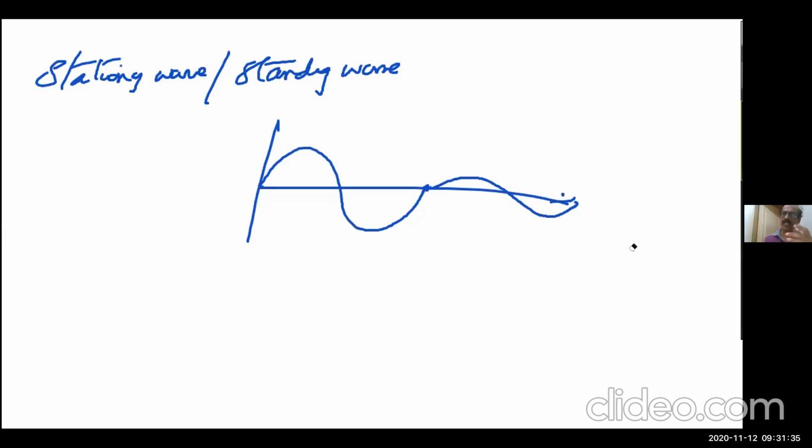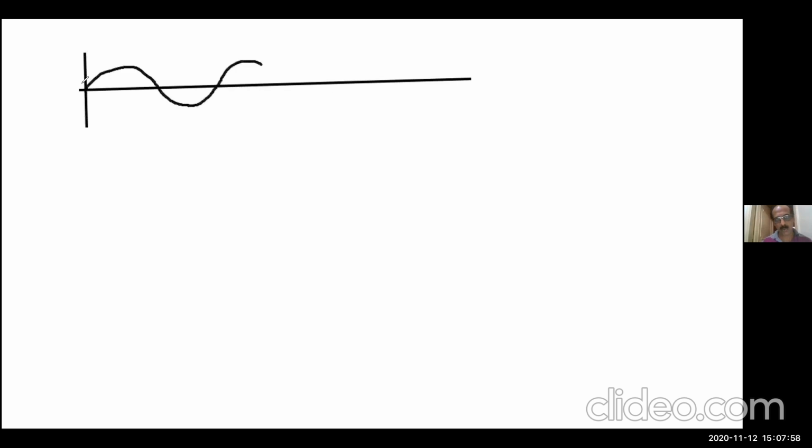In chemistry, you might have studied how Earth and others move along the orbit. Let us see this medium. Look here, this is a particle. In this medium, first the wave goes this way. It's a progressive wave, y is equal to a sine 2 pi by lambda (vt minus x), going towards the positive x-axis.